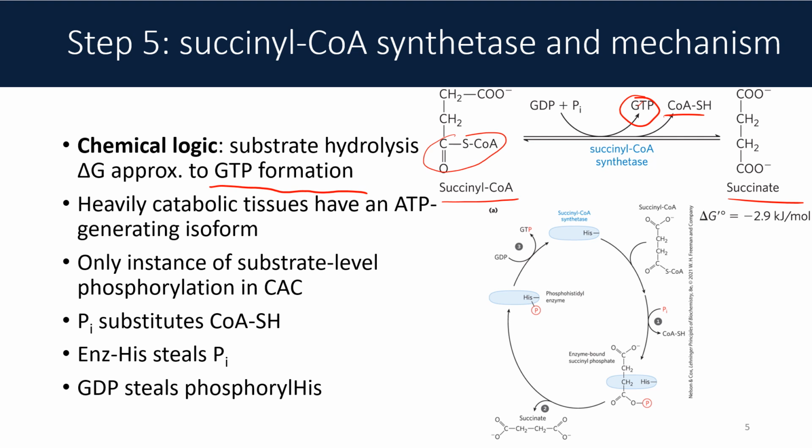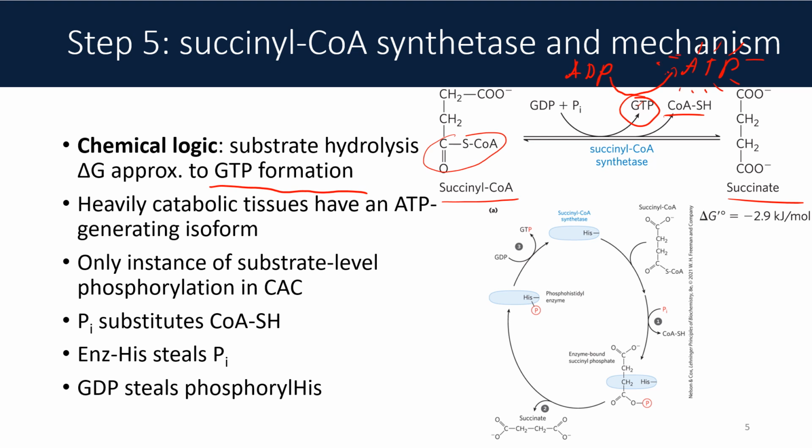And in heavily catabolic tissues, such as muscles, we do have isoforms of this enzyme that can take this GTP and then couple that to the formation of ATP by transferring that third gamma phosphate onto an ADP molecule.